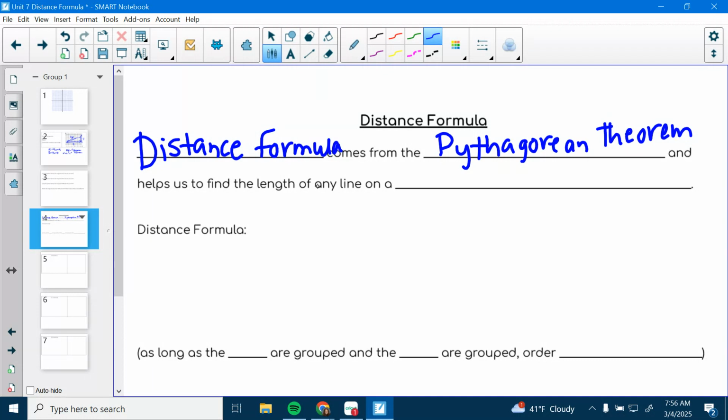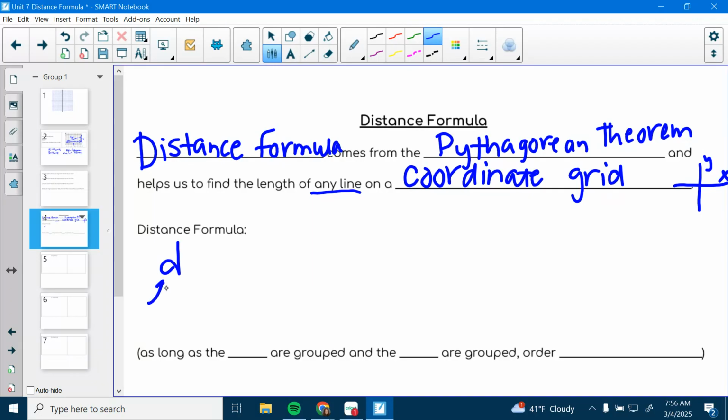It helps us to find the length of any line. It does not have to be on a right triangle, on a coordinate grid, meaning something that looks like this with an x and a y-axis, that's our coordinate grid. Okay? The distance formula. The letter D stands for the distance.